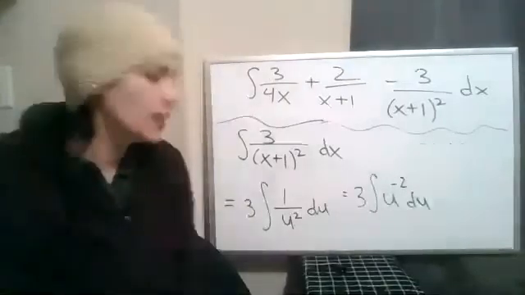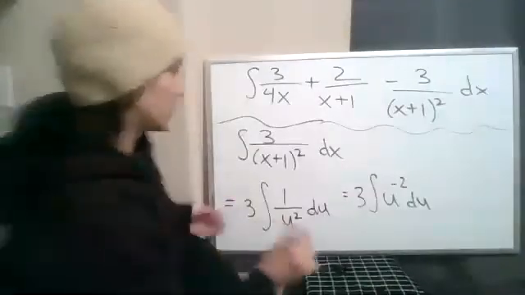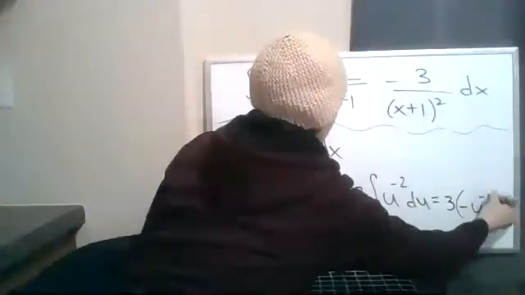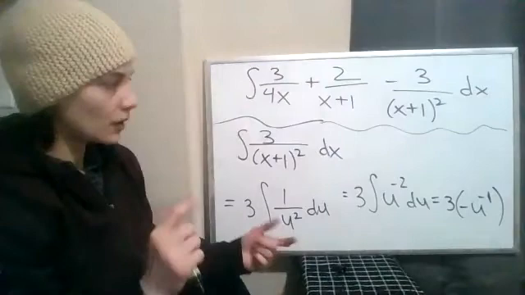So it'd be a negative u to the negative 1 multiplied by 3, or negative 3 over u.